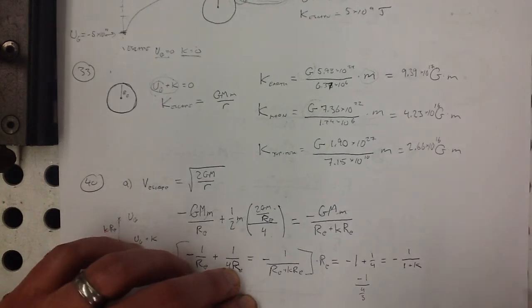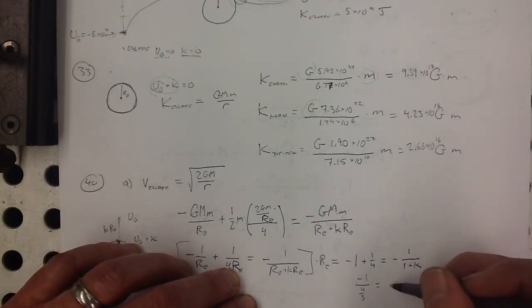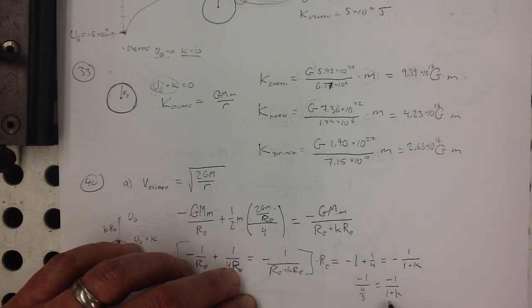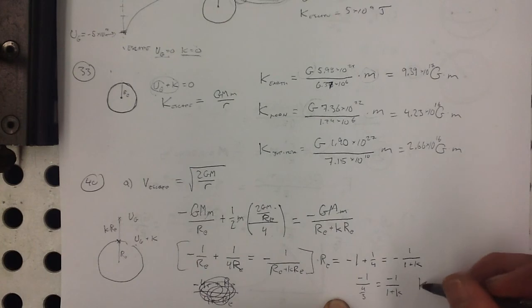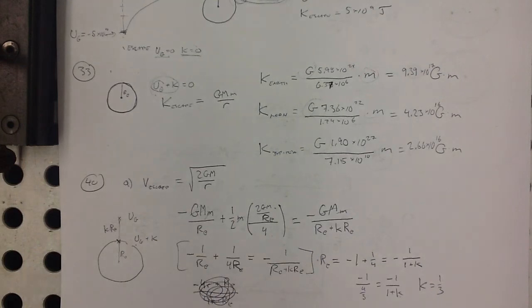Why the heck would I write it like that? Because then, when I look at it like that, I can see that 1 plus K must be equal to 4/3, so K is equal to 1/3. There's more than one way to algebra your way to that.